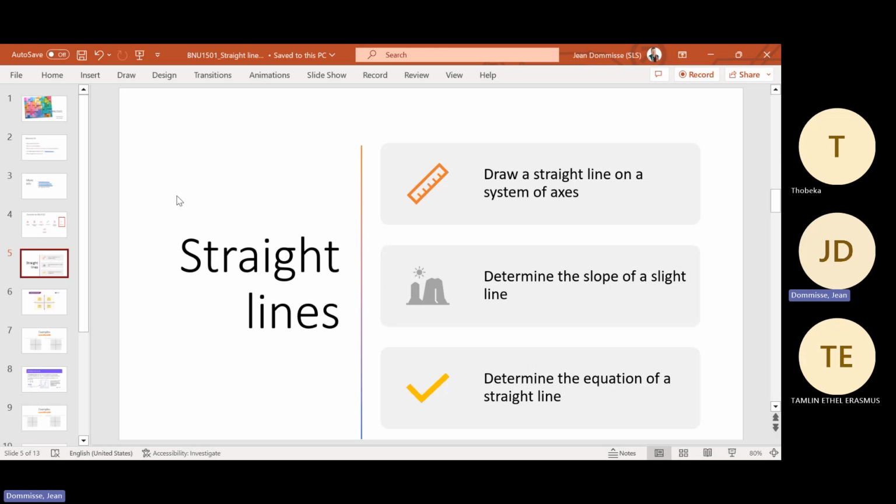But what we will look at is, when they give you options of different straight lines, that you can, on your own, on the side, on a piece of paper, draw it and then see which one of the 4 or 5 options that they give you will be the correct one. So I think that is important.